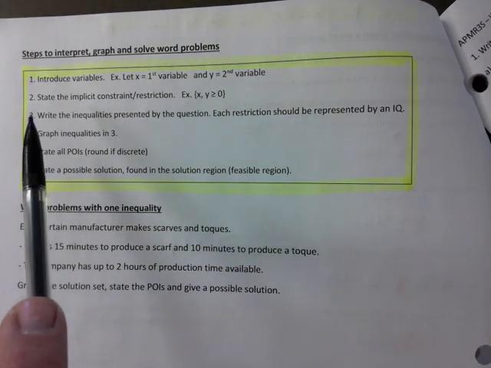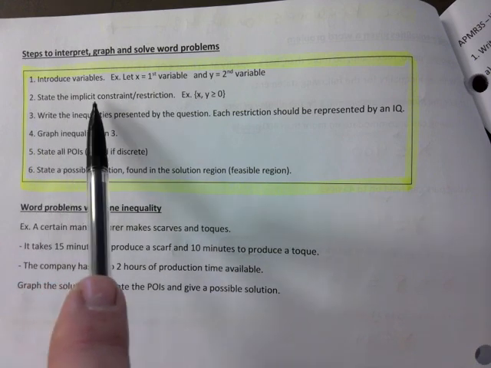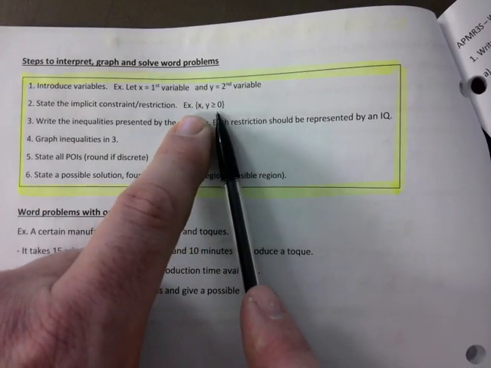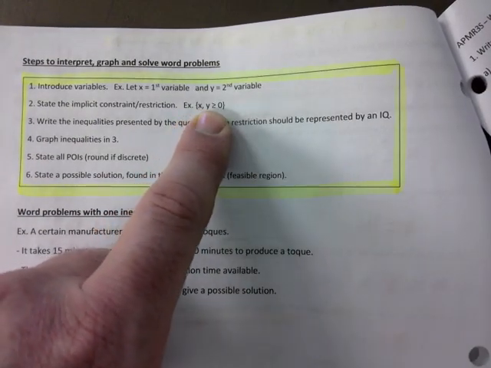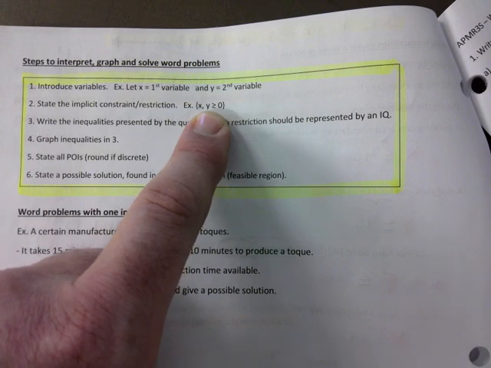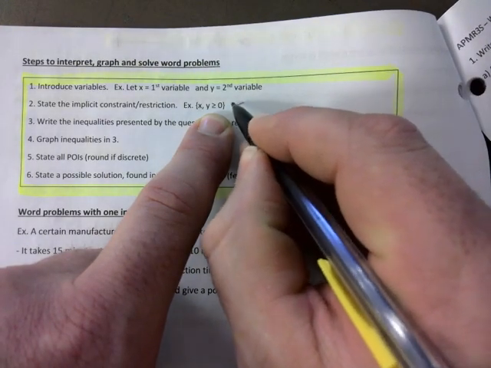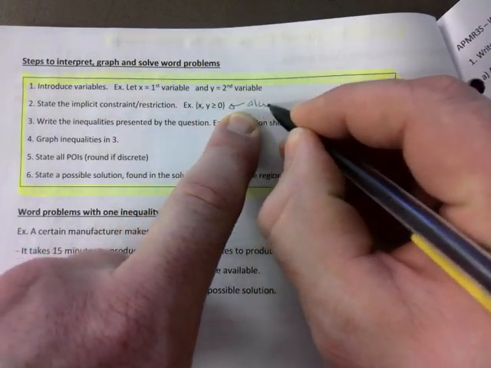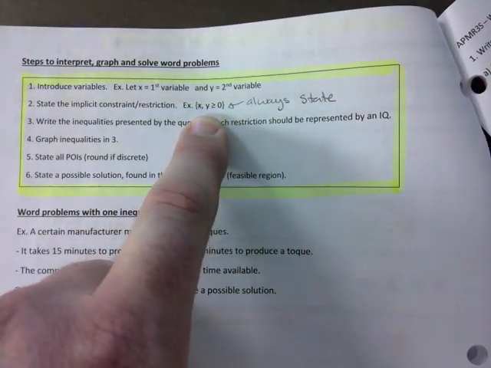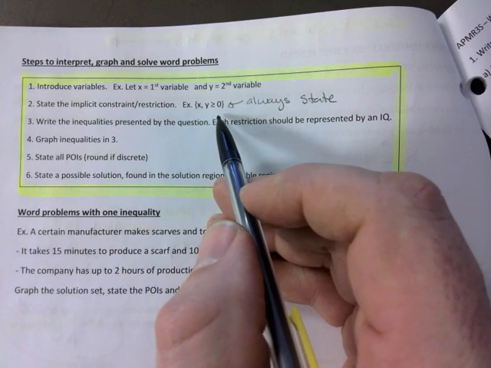Textbooks sometimes go with different variables. State the implicit constraint or restriction, namely that x and y are greater than or equal to 0. I will sometimes ask for this specifically, but if I don't, you still write this down. Always state this, because this is basically telling us that x and y both have to be positive. Okay.